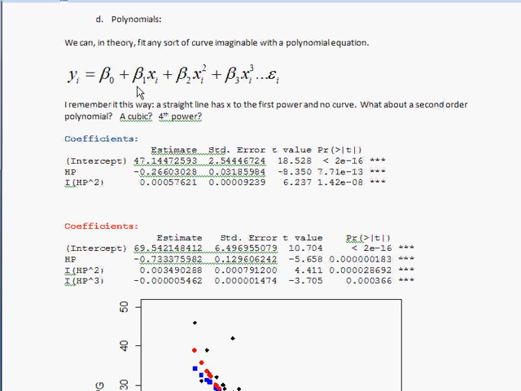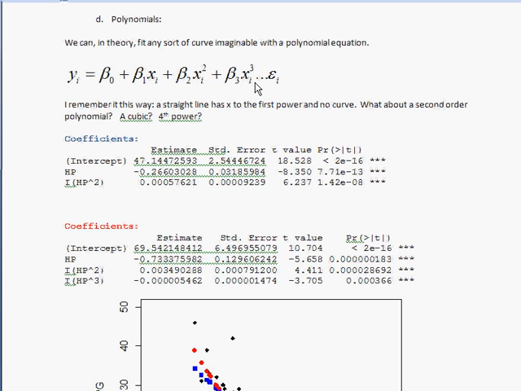But a polynomial, rather than just a y-intercept and a slope times x, say horsepower, sticking with that example, that'd be a straight line. If you add a squared term, horsepower squared, then that allows one curve in your relationship, a parabola. If you add a cubed term, that allows for two curves in your relationship, two bends in a line, in other words.